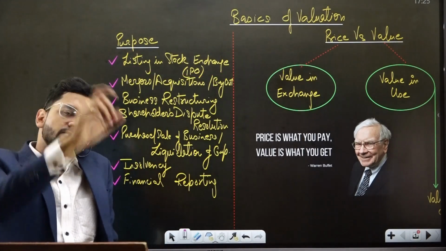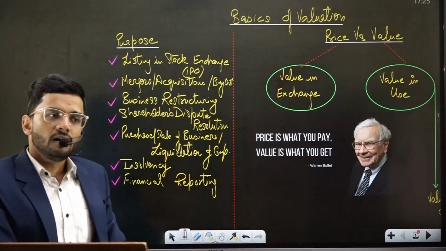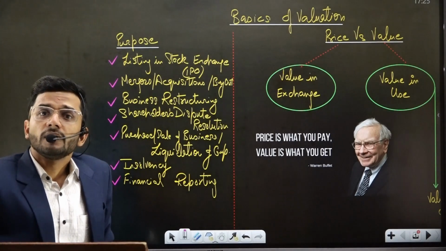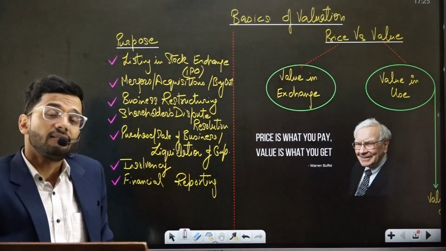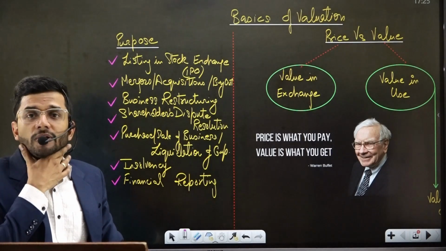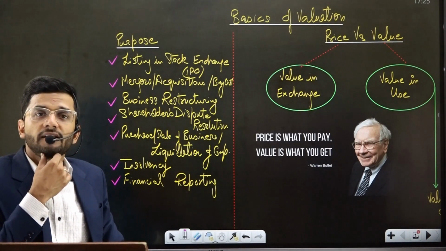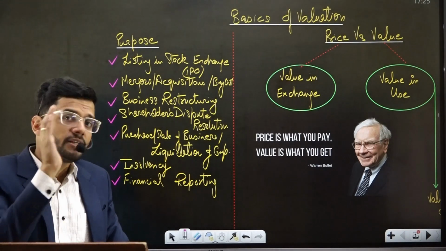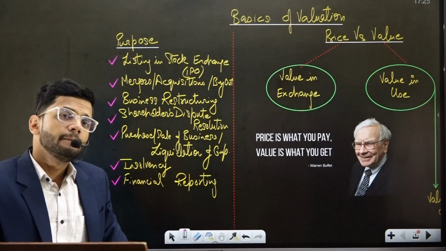Because, guys, the price which you are quoting for your shares, for the shareholders to buy, whether it's worth it or not, is the question which every future shareholder will have. The markets will have the same question: you are offering your share at the rate of say 120 rupees, whether it's worth it to spend 120 rupees for a company like yours.